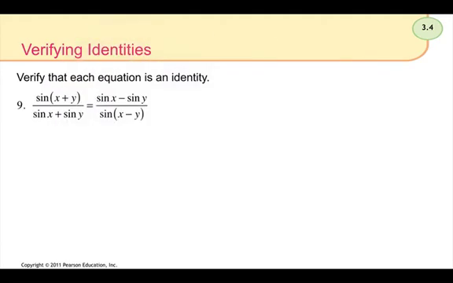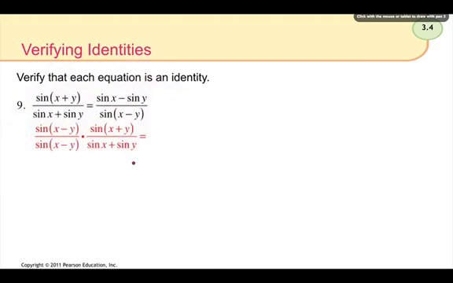This one is going to be challenging. It's kind of long, but it's doable, so just follow along. We're going to be working with the left hand side. What we're going to be doing is multiplying the left hand side times this, which is sort of like the conjugate of the numerator.